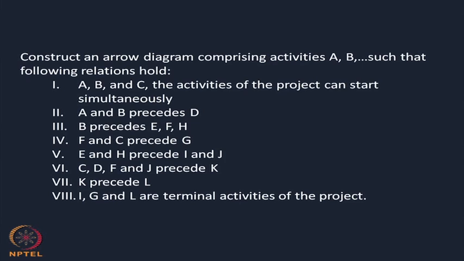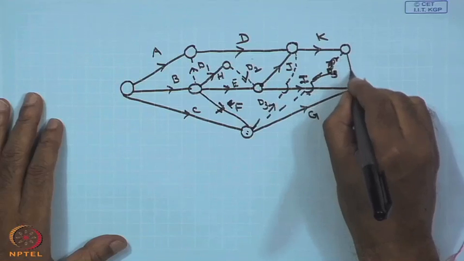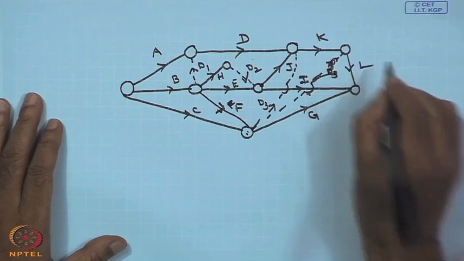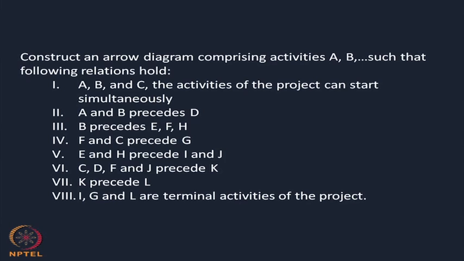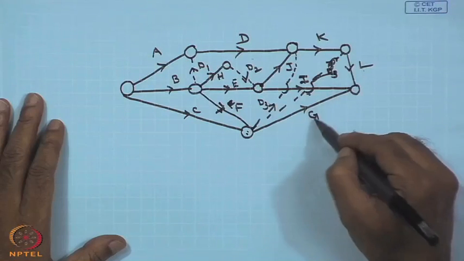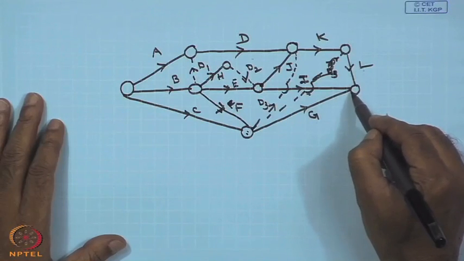And the last one is K precedes L, that is from here if you do it. So, K precedes L, and I, G and L are the terminating activities.